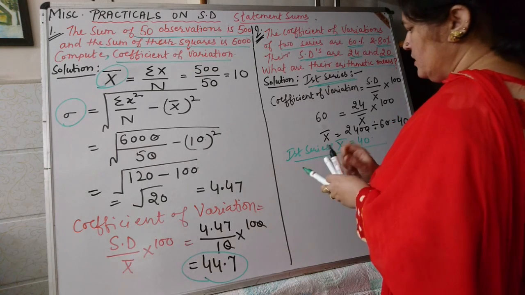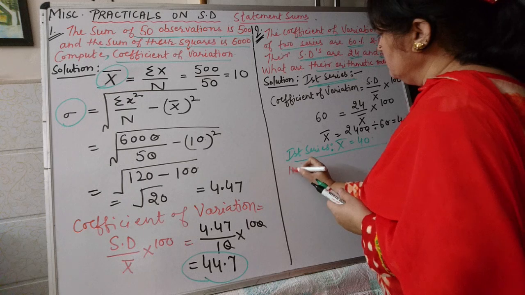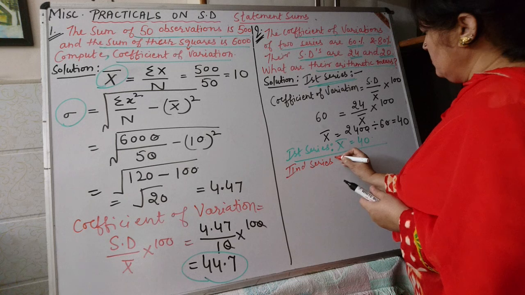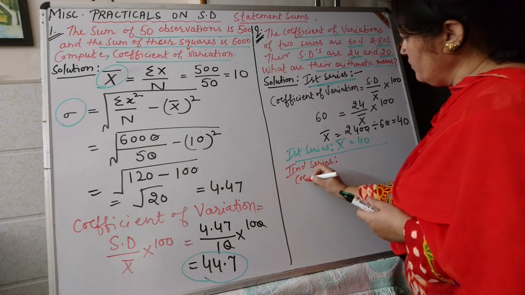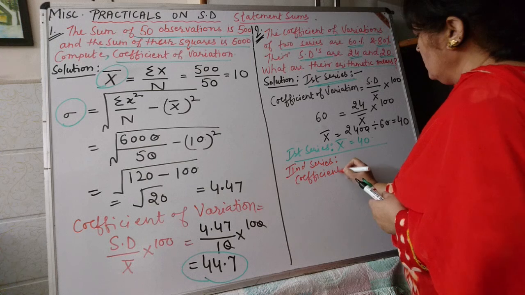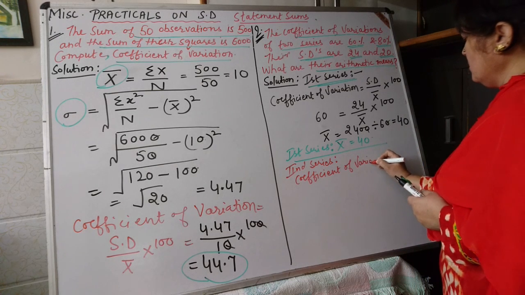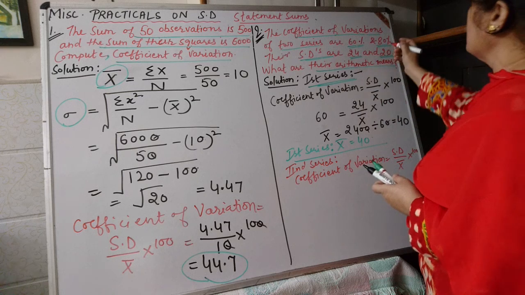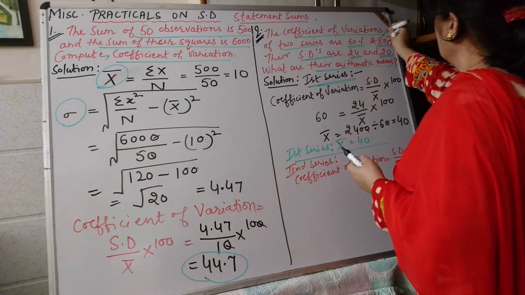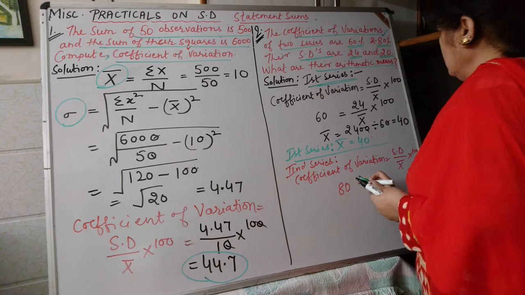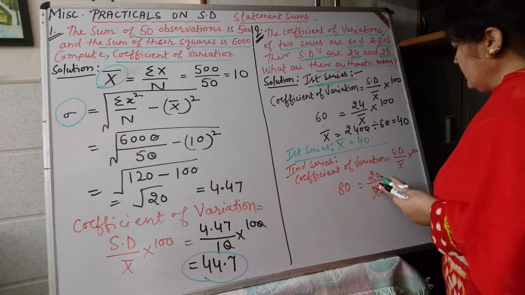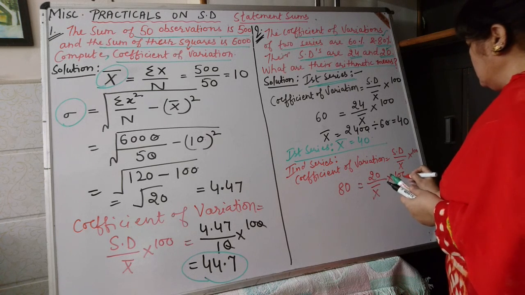And for the second series, we have to calculate the value of the arithmetic mean. For the second series, the coefficient of variation is equal to standard deviation divided by arithmetic mean multiplied by 100. The coefficient of variation in the second series is 80, so 80 is equal to the standard deviation 20 divided by the arithmetic mean, multiplied by 100.